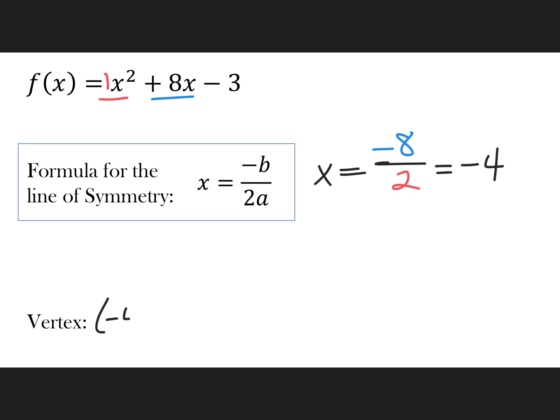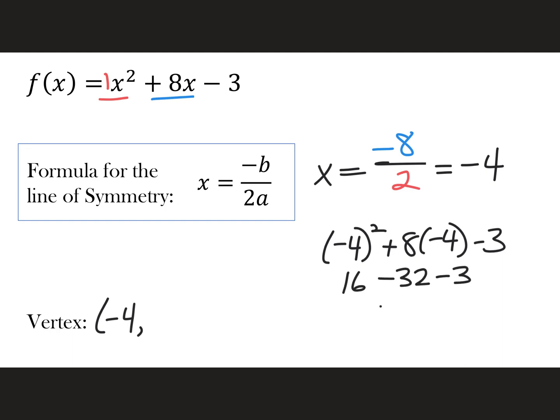So I'm going to put a negative 4 right here. And then I'm going to do x squared, so negative 4 squared plus 8 times negative 4 minus 3. That is a 16. Minus 32 minus 3, so I have a negative 16 minus 3, which is a negative 19. Is that what you got?